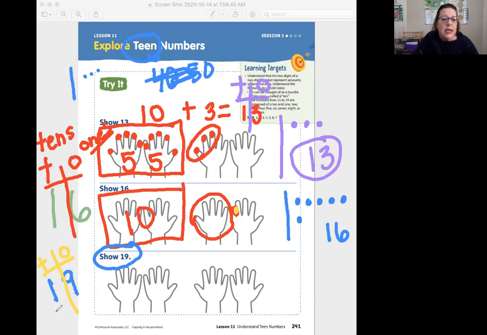So I have one group of 10 and 9 ones. So right here I have 10 and then 9. Oh, guess what? I know that this is 5, 6, 7, 8, 9, right? So all of these right here have a value of 9.